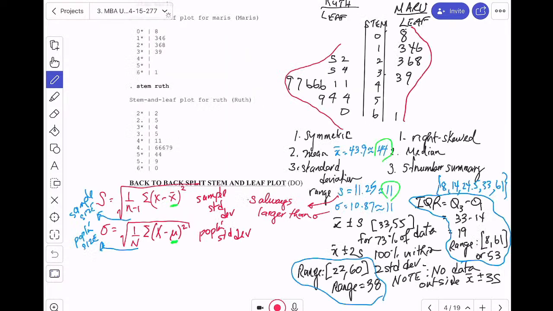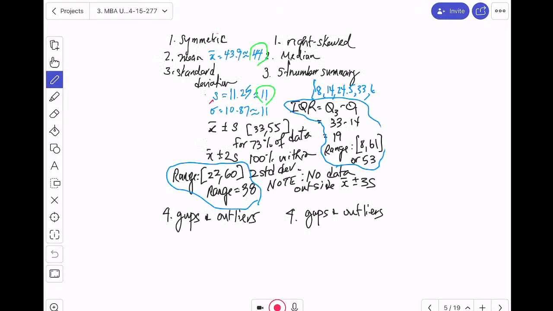So let's see, are there any gaps in Ruth? Nope. And Maris, yes. So no gaps, no outliers. So it's revealing how steady and predictable that distribution is, okay?